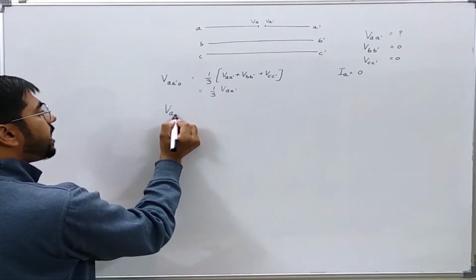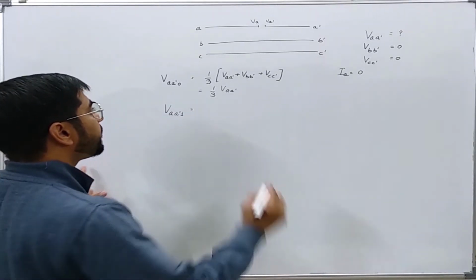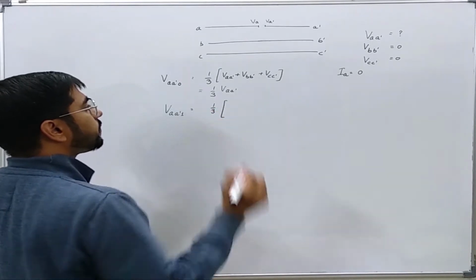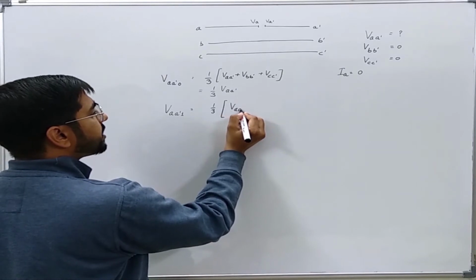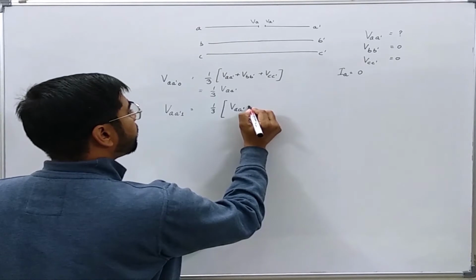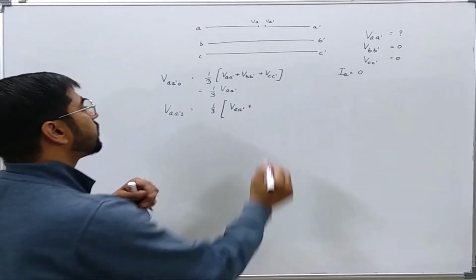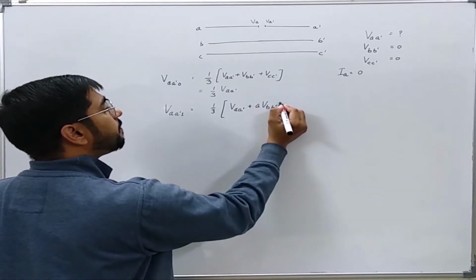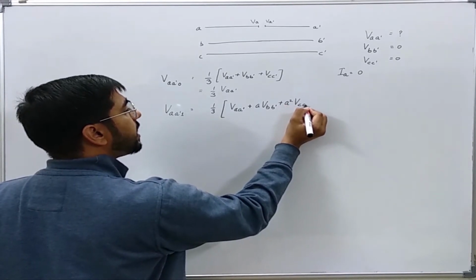Similarly, VAA dash 1, that is the positive sequence component of this voltage, is 1/3 of VAA dash plus A VBB dash plus A square VCC dash.